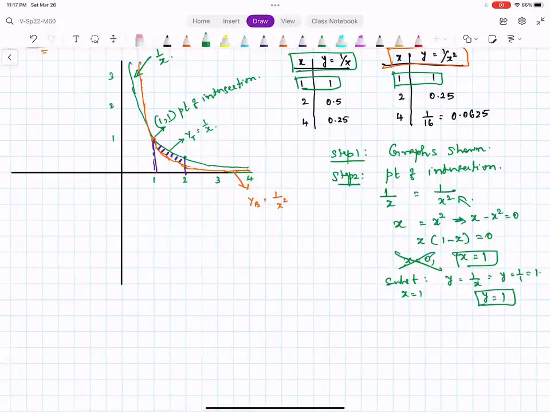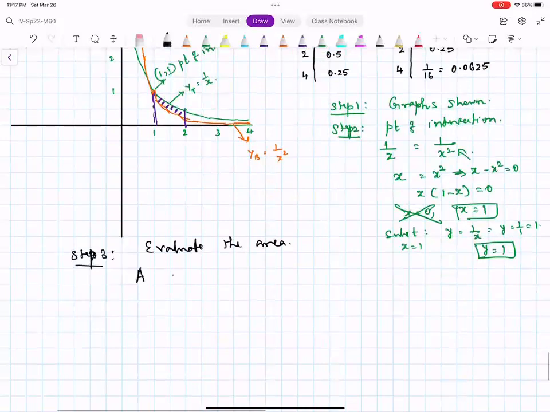The other bound for x would be x equal to 2, which is given in the problem. Now we want to evaluate the integral, the area between the graphs.